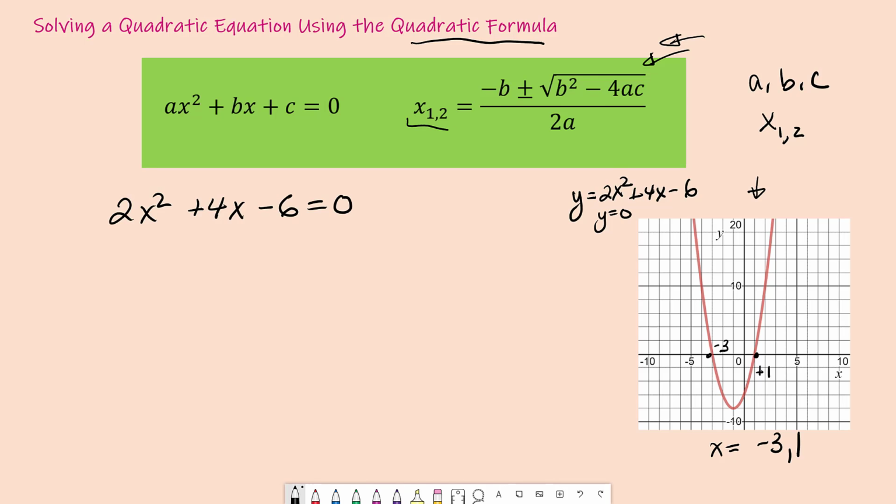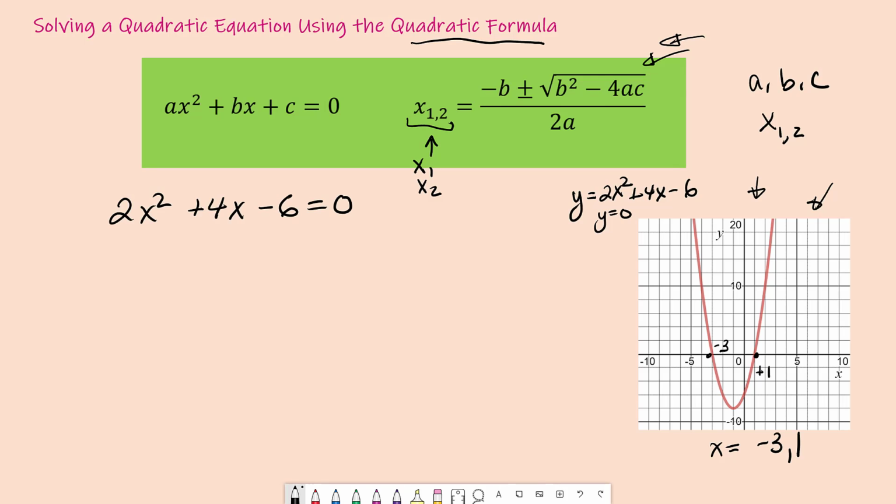So x1, 2 are the two solutions. We have x1, which is the first solution, and x2 is the second solution. So you can have two solutions for a quadratic equation, just like in this graph. You see there are 2 points where the graph intersects the x-axis, the y equals 0 line. So these are x1 and 2.